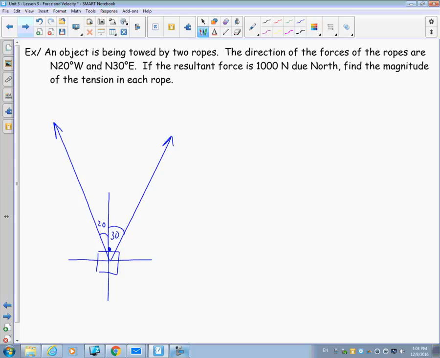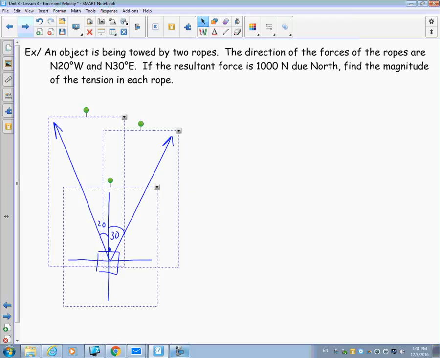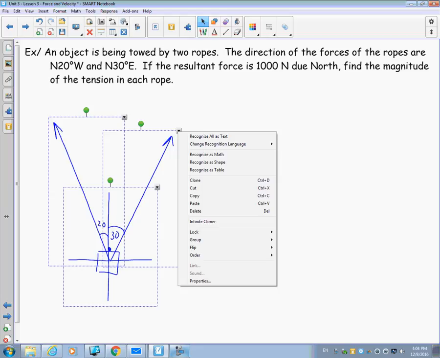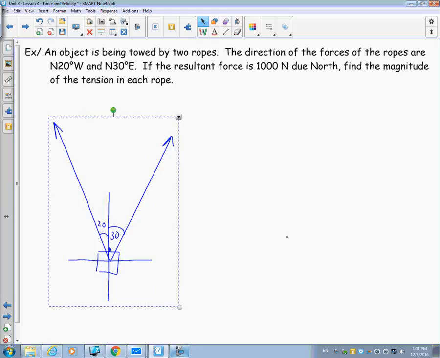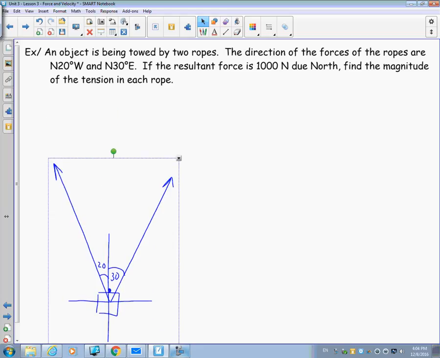So let's stop and think here for a second about a resultant force. How do we get a resultant usually? I'm just going to move this. I get resultants by adding my two vectors together, tip to tail. Well, right now they're tail to tail, which means I have to complete the parallelogram.